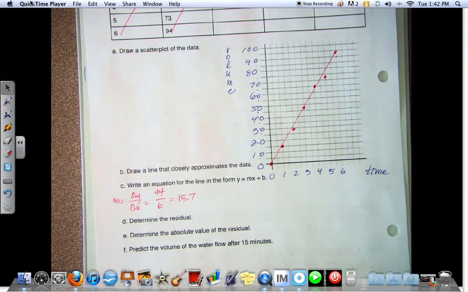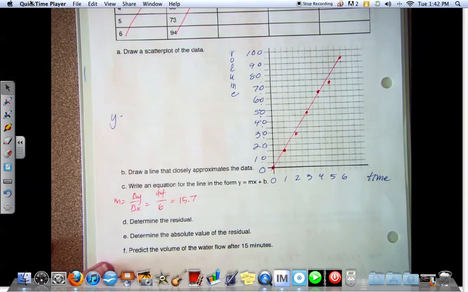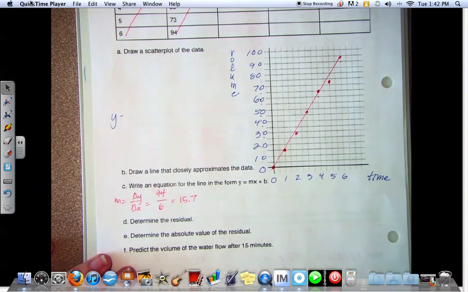If you weren't able to easily determine your y-intercept, what could you use to help you write the equation? y minus y1 equals m times x minus x1. What's your y1 value? 0.